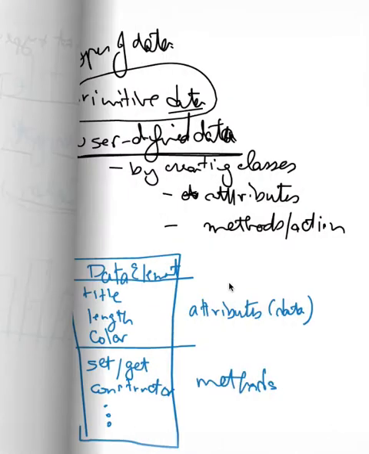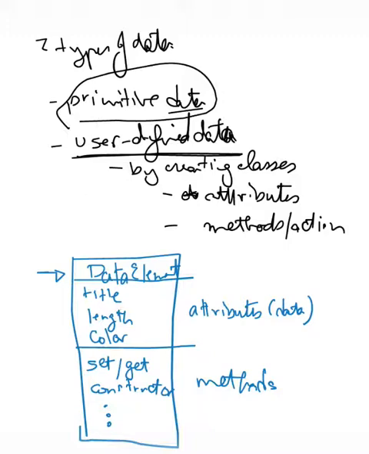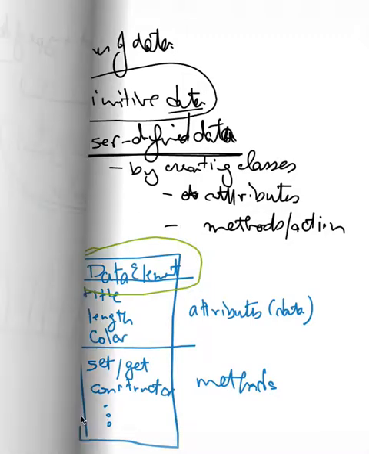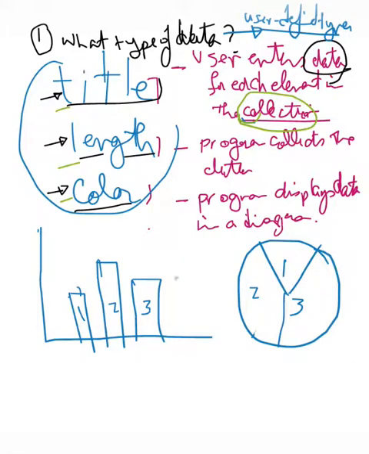So if our data is represented by this user-defined type, we are in fact looking for a collection of this user-defined type. So the question that we ask ourselves next is how we want to represent this collection. So the second question that we have here is how to represent the collection.